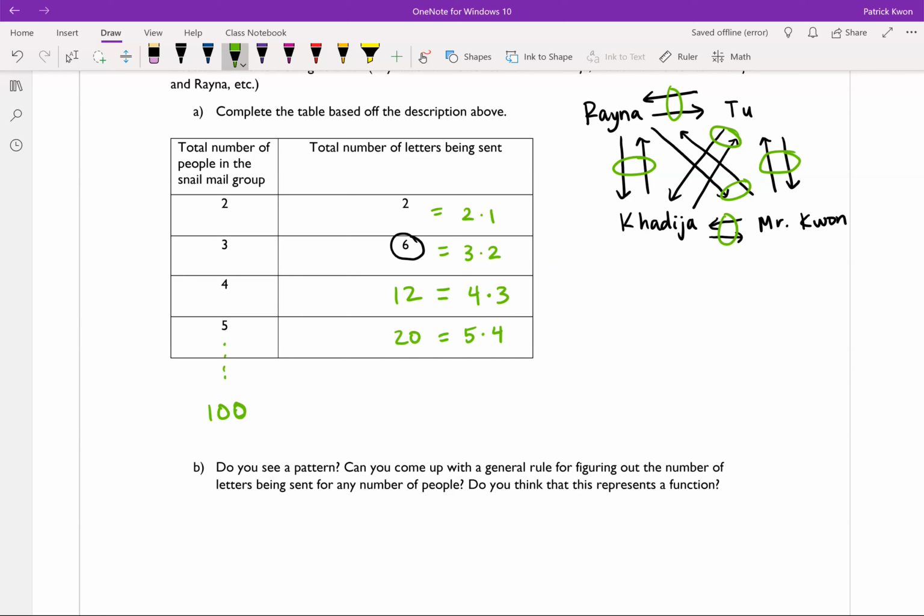And I drew out the picture on another day, and I'll let you know and verify that it does check out. So for 100 people, it would be 100 times 99, which would be 9,900 letters. That's a lot.